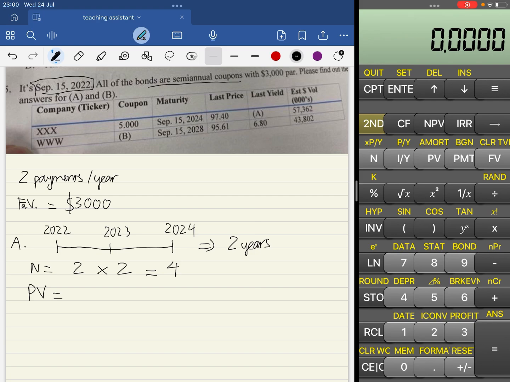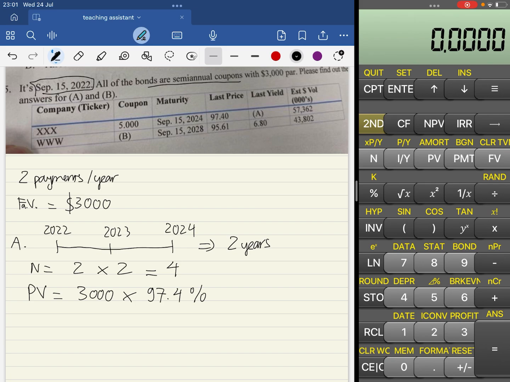It's actually a percentage. 97.40 stands for 97.4% of the face value. Therefore, the present value will be equal to 3,000 times 97.4%.